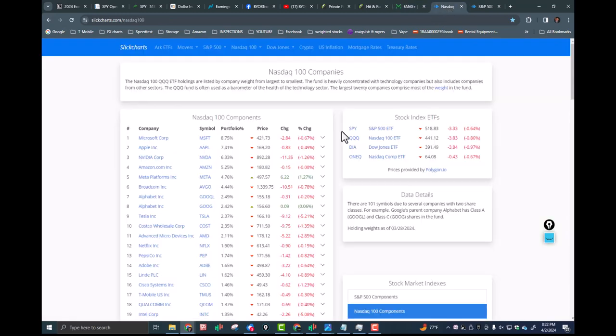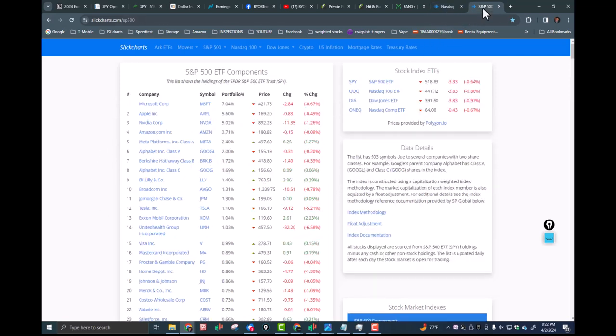So you look back here, and here's NASDAQ. Look at the top 10 here. You got Microsoft, Apple, NVIDIA, Amazon, Meta, Broadcom, Alphabet A and Alphabet B, Tesla, and then Costco. Those make up the top 10 components of the NASDAQ 100. So that's pretty heavy weight right there, right? And then you look at SPY.